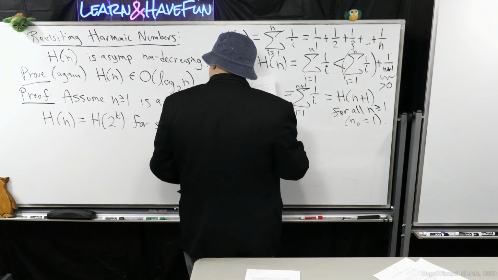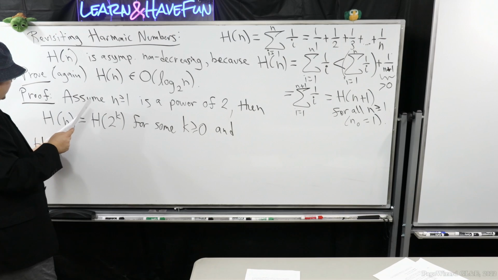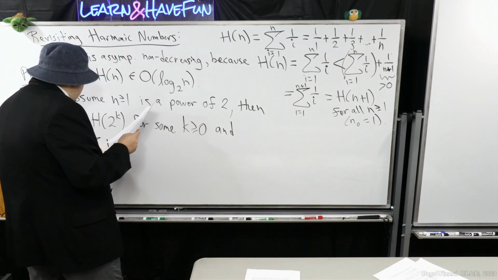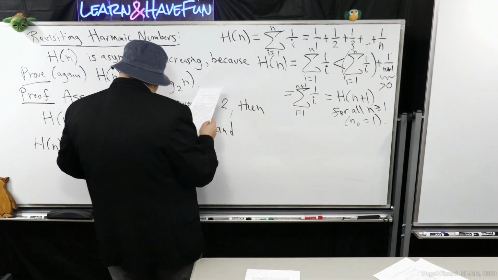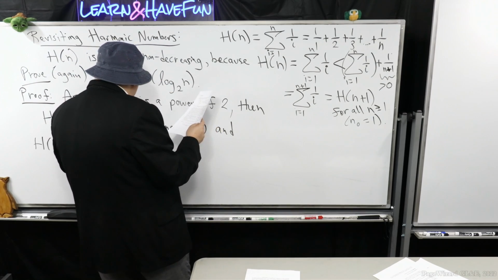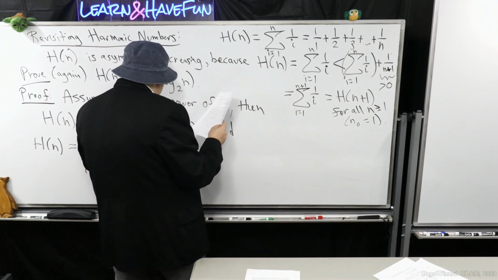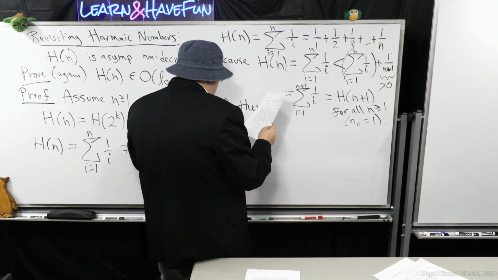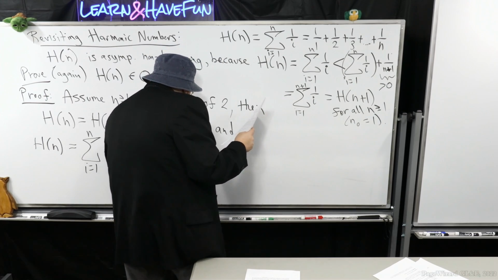And we also have the following property, that H of n is equal to the sum from i equals 1 to n of 1 over i, which is equal to 1 plus 1/2 plus 1/3, plus all the way up to 1 over 2 to the power of k, which is simply H of 2 to the power of k.